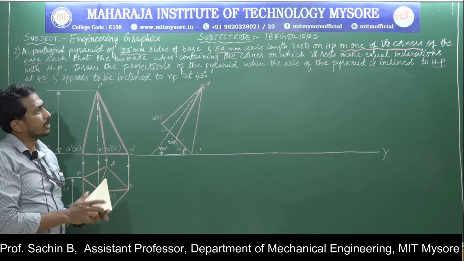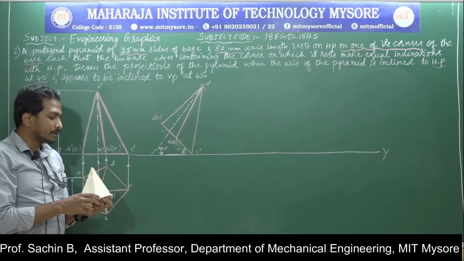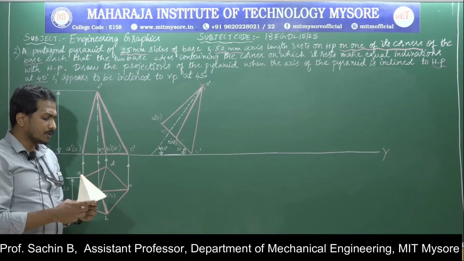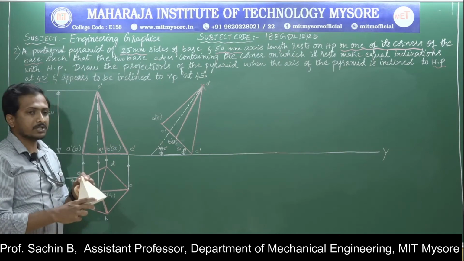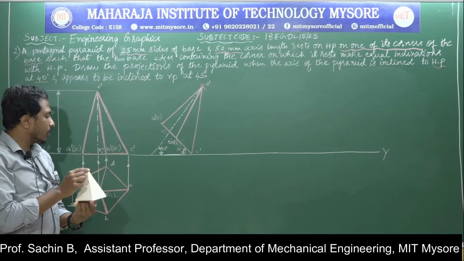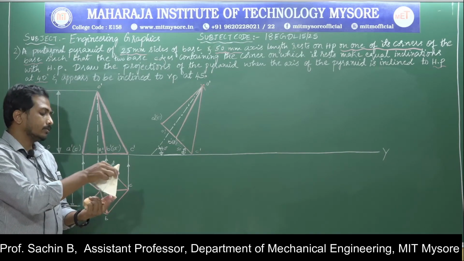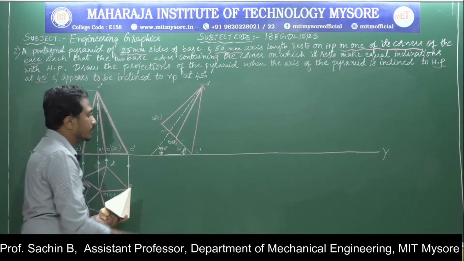Now we have proved the first sentence of the problem, that it is resting on one of the corners of the base. Before constructing the problem, we don't have a clear indication of which corner should rest. After representing the top view and front view in the first position, next I will tilt this purely based on resting on one of its corners, which I have clearly mentioned here.